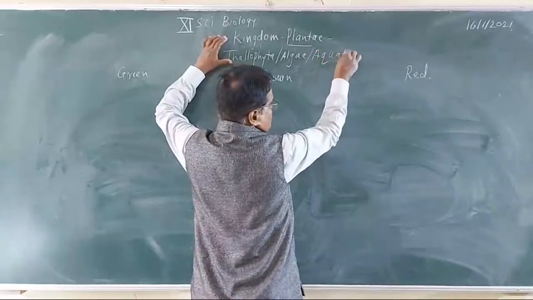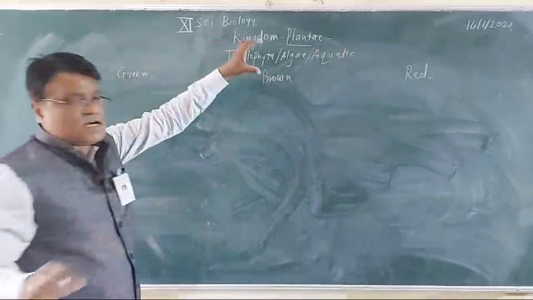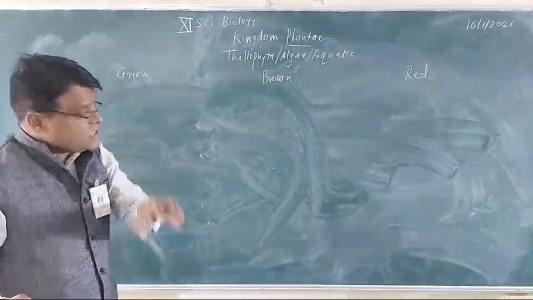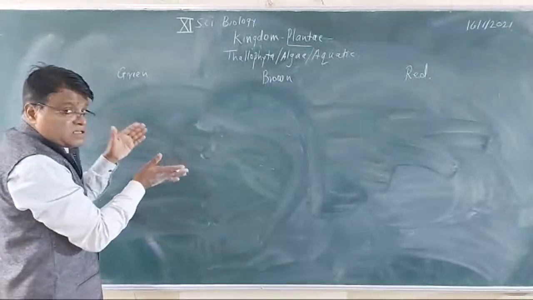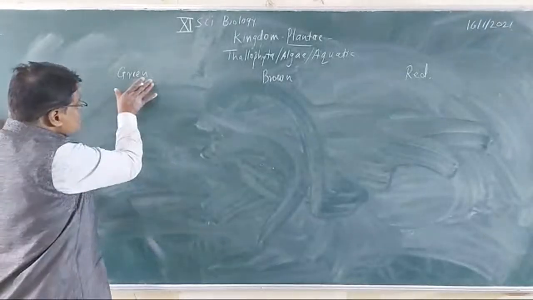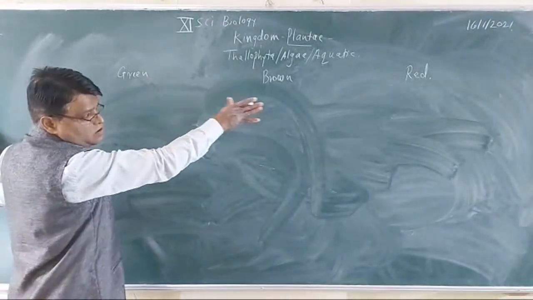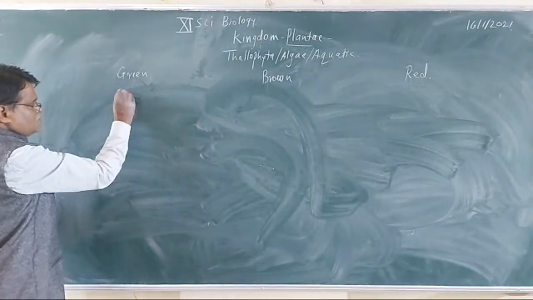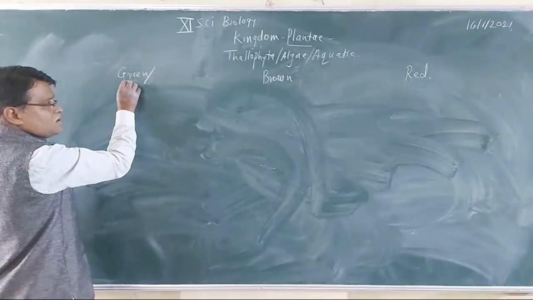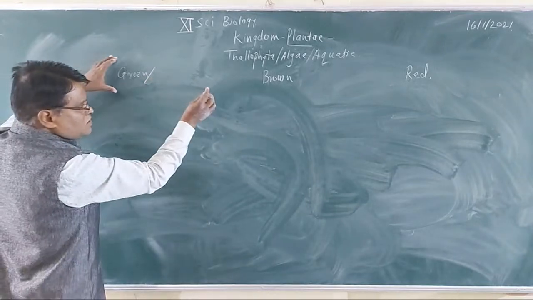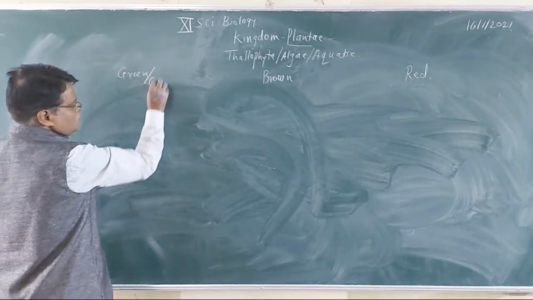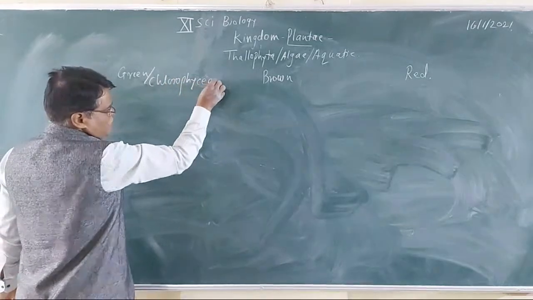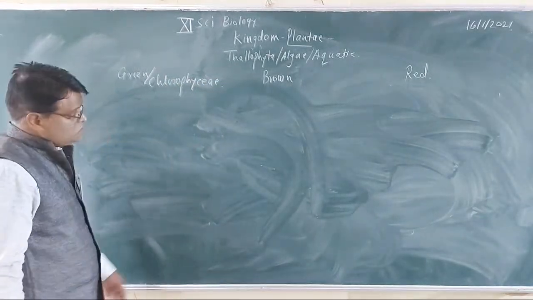All these algae are found in water. That's why we make the classification green, brown or red. Green pigment algae are known as chlorophyceae.